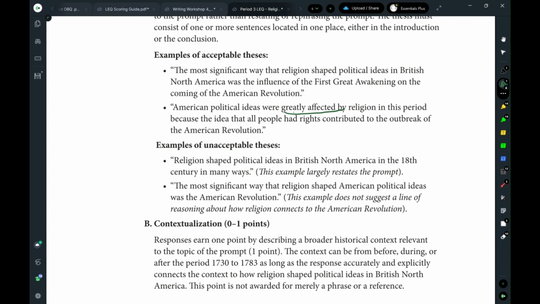And then where it says examples of unacceptable theses, religion shaped political ideas in British North America in the 18th century in many ways. Like, again, we know, that's what the question said. So you want to not restate the prompt. You want to tell me more than that. The most significant way that religion shaped American political ideas was the American Revolution. Okay. It says here that it does not suggest a line of reasoning, like how.